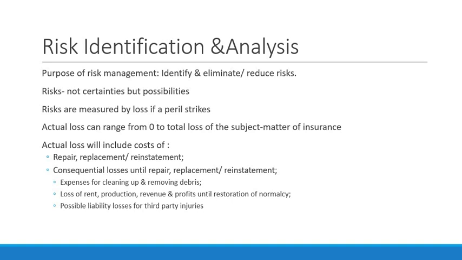In addition to that, because of the failure to supply power to a particular entity or organization, it is possible that such entity may impose damages as per the contract. So consequential losses could also include possible liability losses for those third party injuries.